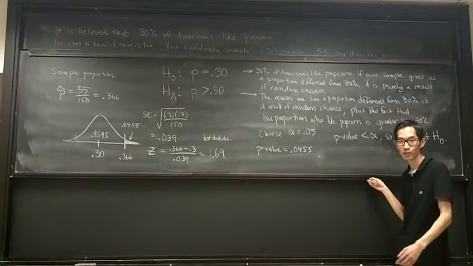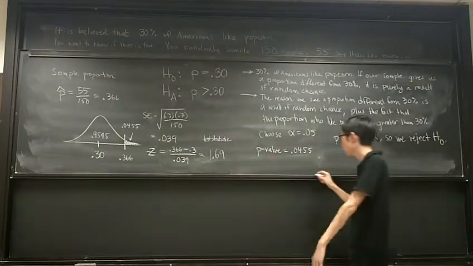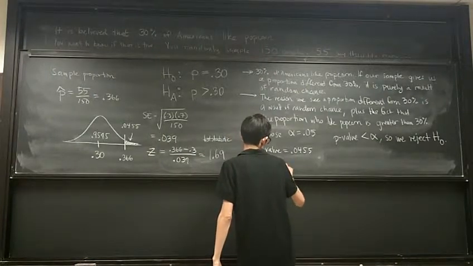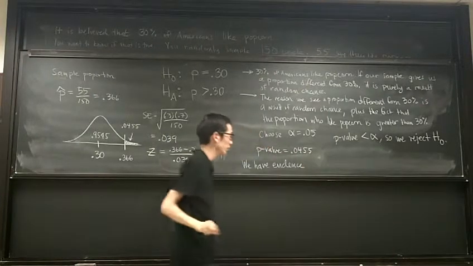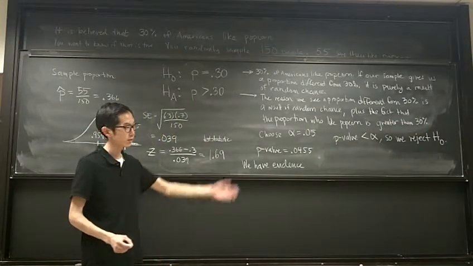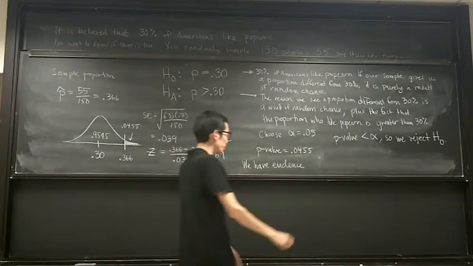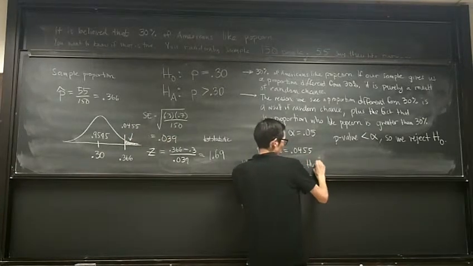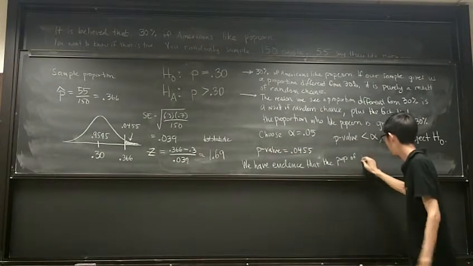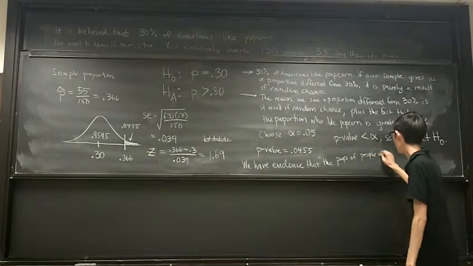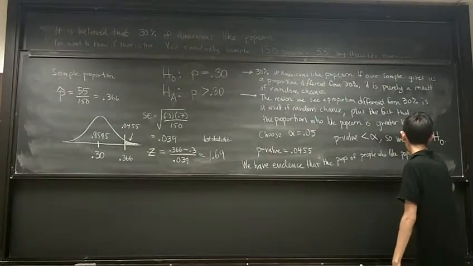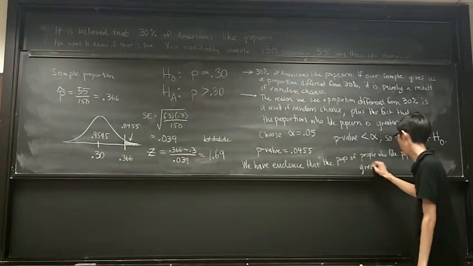We accept the alternative. What else does that mean? It means we have evidence that the proportion of people who like popcorn is greater than 30%.